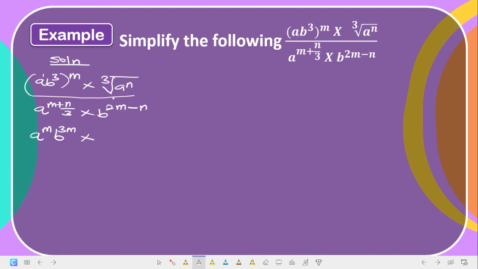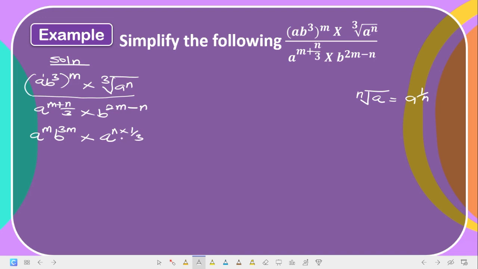Now, remember I said in our initial discussion that if you have, let's say, the nth root of a, it is still the same thing as a raised to the power of 1 over n. Now, that's what we are going to do here. This cube root of a^n means a to the power of n times 1 all over 3.